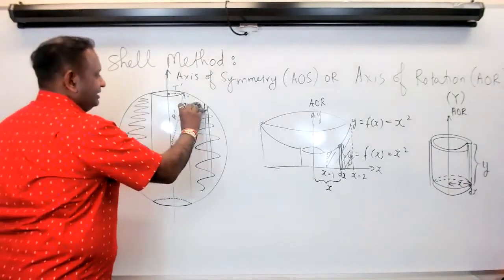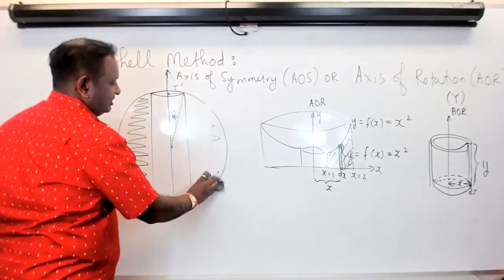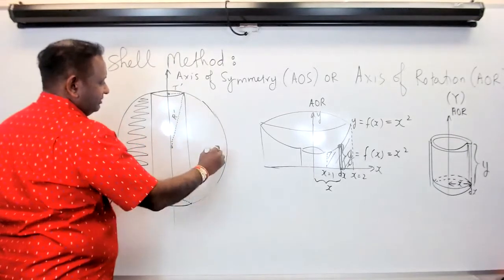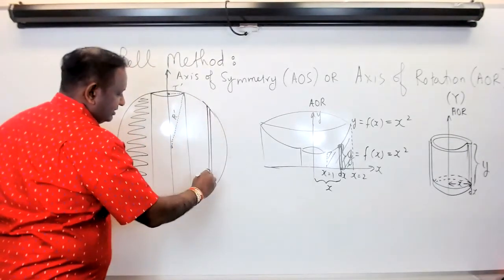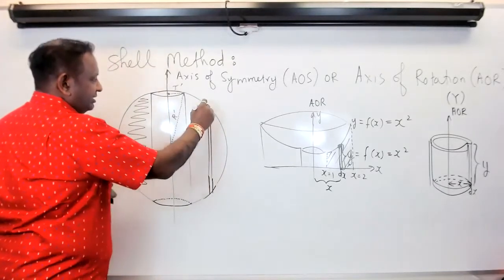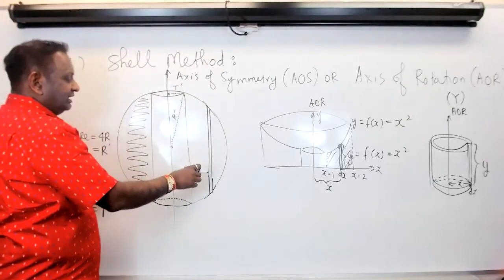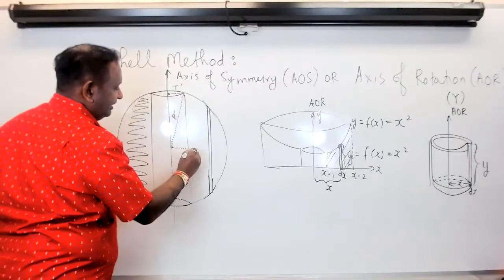So to get this done, I'm planning to use the shell method. I'm going to pick a small strip from here and rotate it. I'm going to pick a shell with the thickness of dx at a distance x from here.